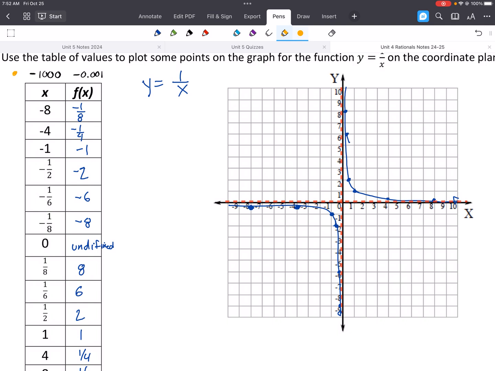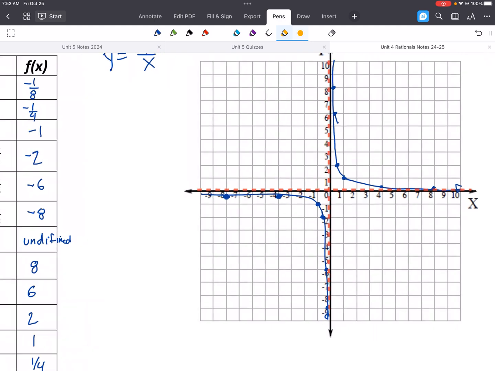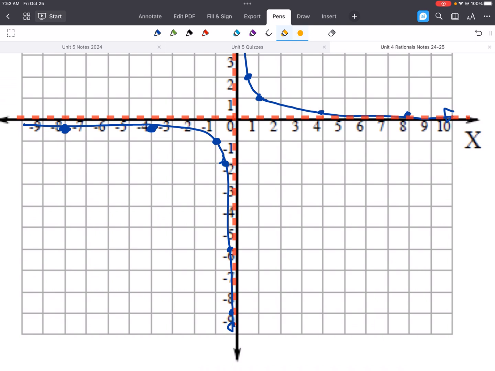For this one it would give you -0.001, which is really close. Its y value would be almost 0. If we did 1,000,000 instead of 1,000, it would get even closer to 0.